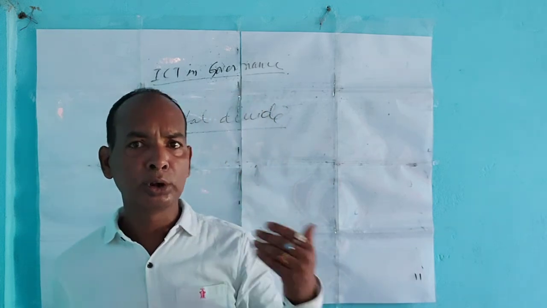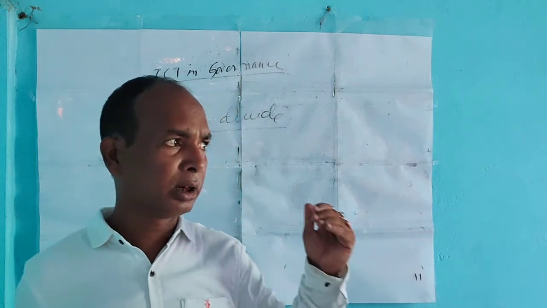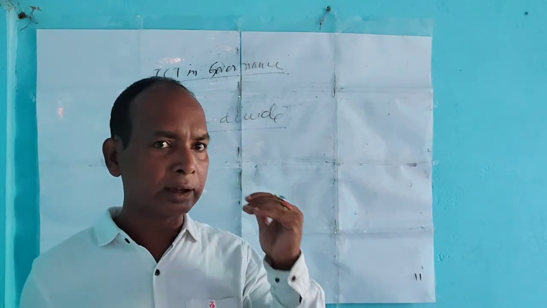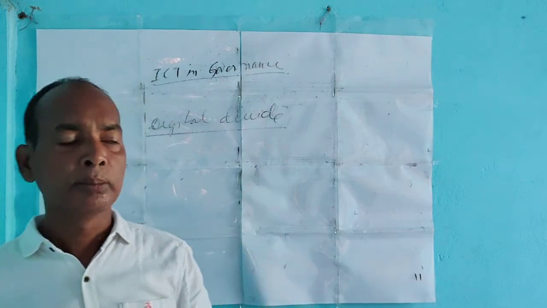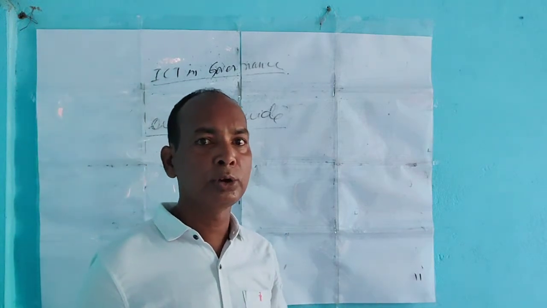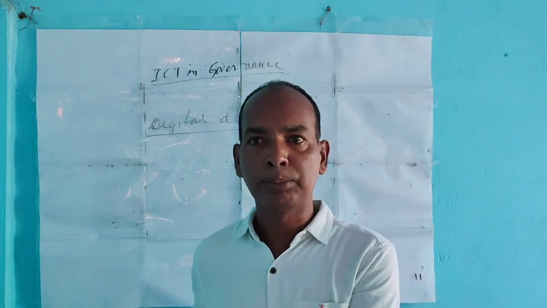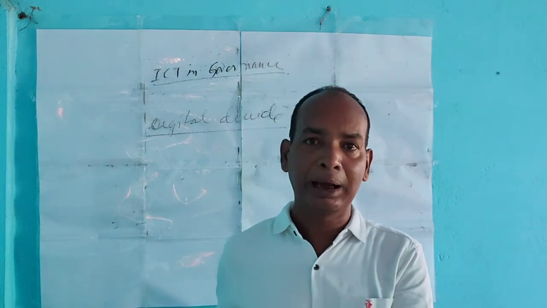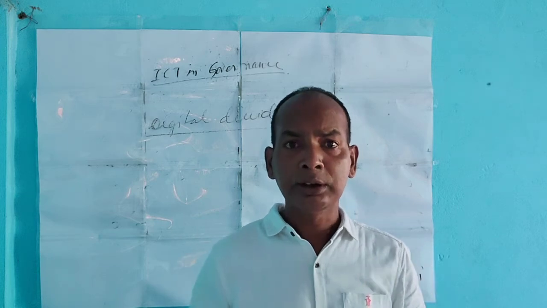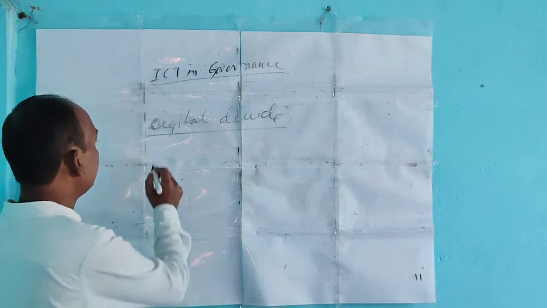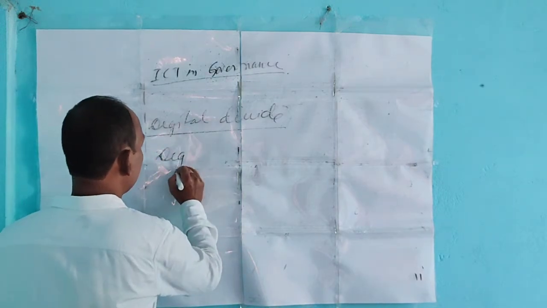Some persons know how to use computers; at present, in the lockdown period, many people can run their business online. But many people have small shops, they don't know about the internet, they don't use computers, and they can go back. So to overcome this gap, they go for digital unity.